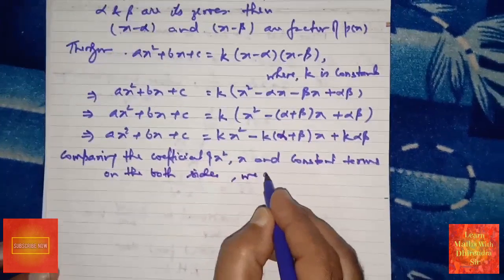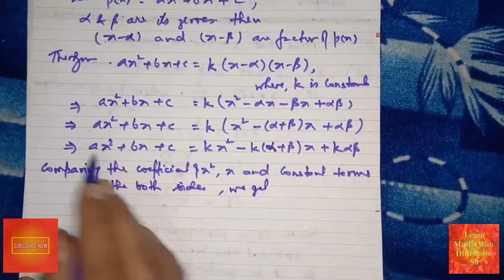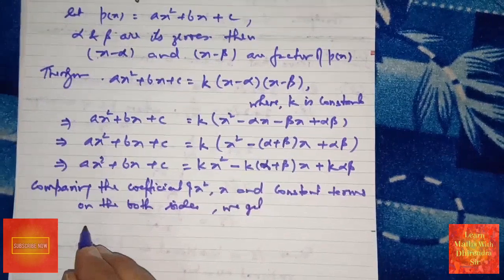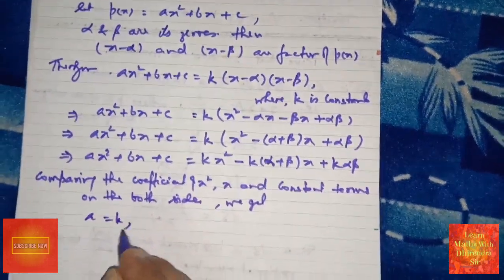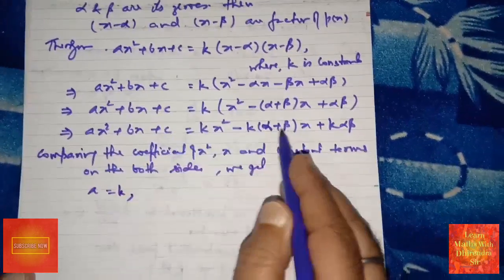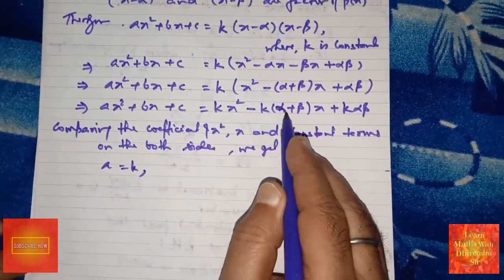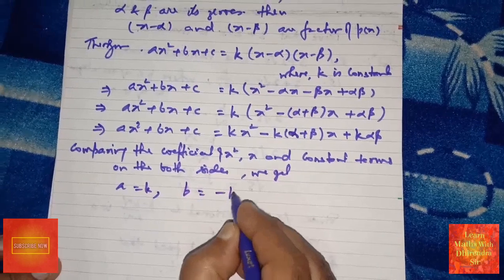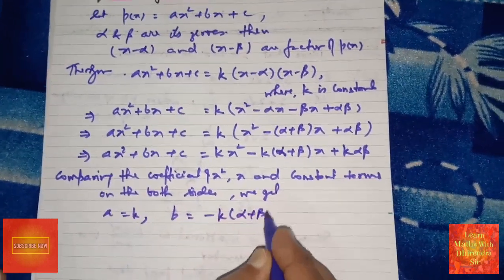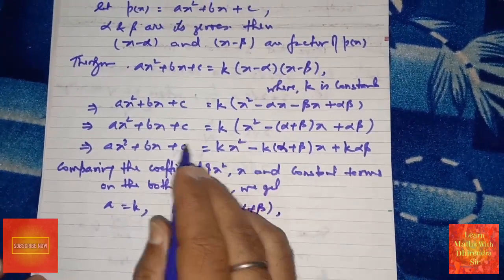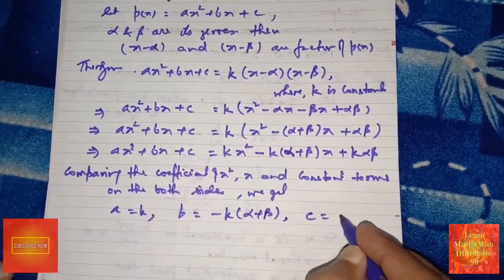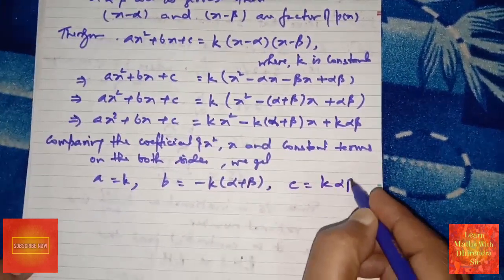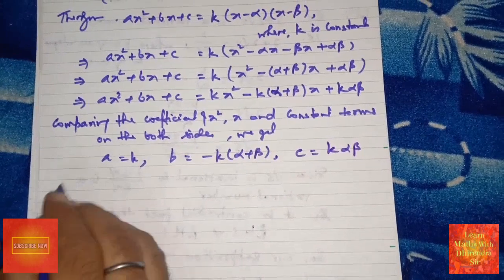Is it clear? Here is ax square, here is kx square, so a equal to k. Similarly bx, here is minus k(alpha plus beta)x, means b equal to minus k(alpha plus beta). c equal to k alpha into beta.